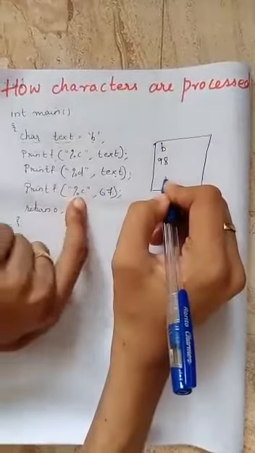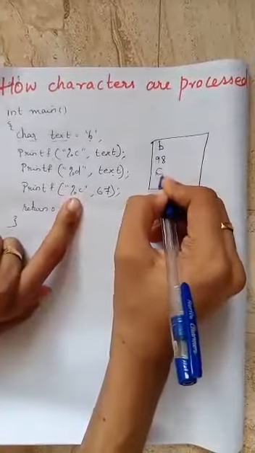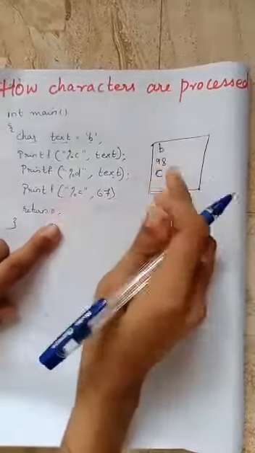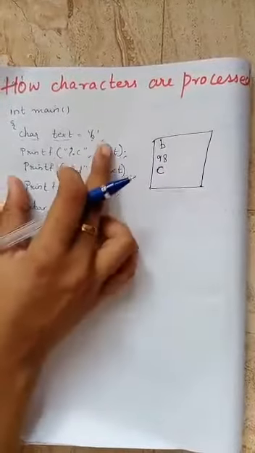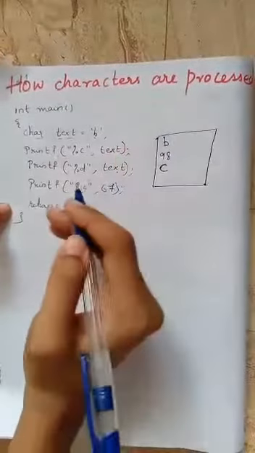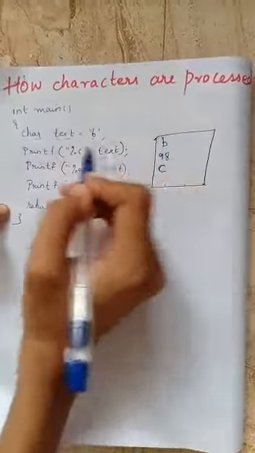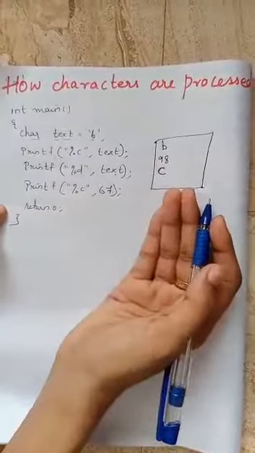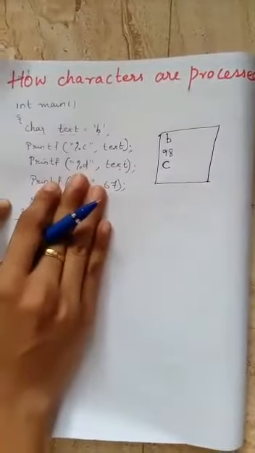As it is %c here, capital C will be displayed. In a similar way, each character can be processed, and we can display both ASCII values as well as the exact character in C.